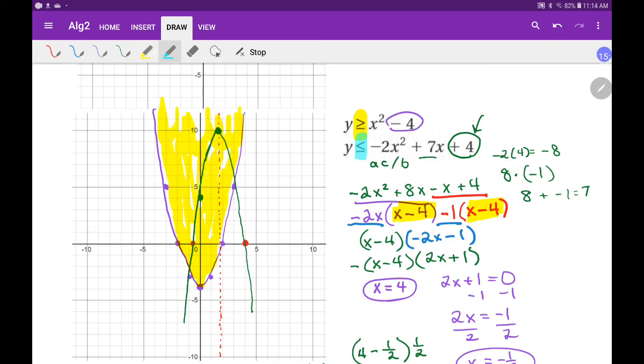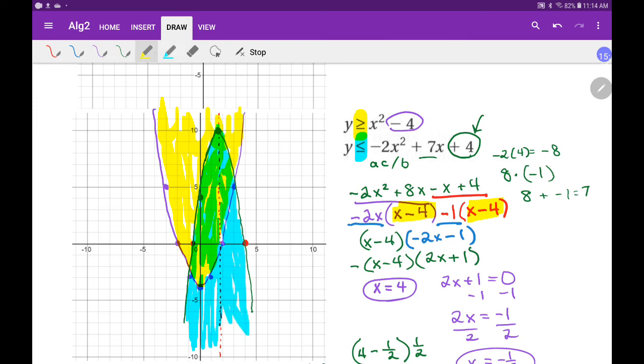For the second one, y is less than. So I go to the vertex, here's the vertex, and I shade less than underneath. So I start shading everything underneath. And it's going to have a little overlap that looks green. And that's going to be my result.